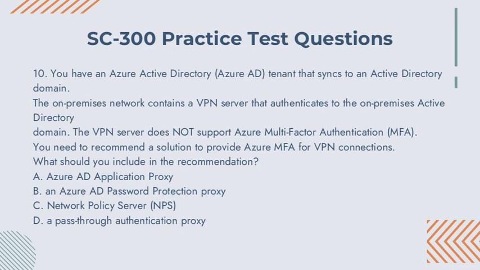You need to recommend a solution to provide Azure MFA for VPN connections. What should you include in the recommendation? A. Azure AD Application Proxy. B. An Azure AD Password Protection Proxy. C. Network Policy Server, NPS. D. A Pass-Through Authentication Proxy.